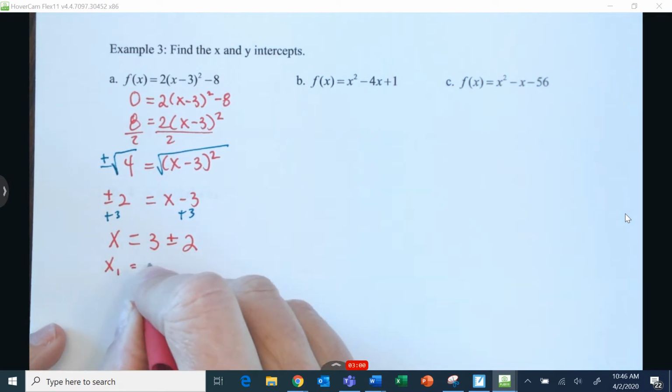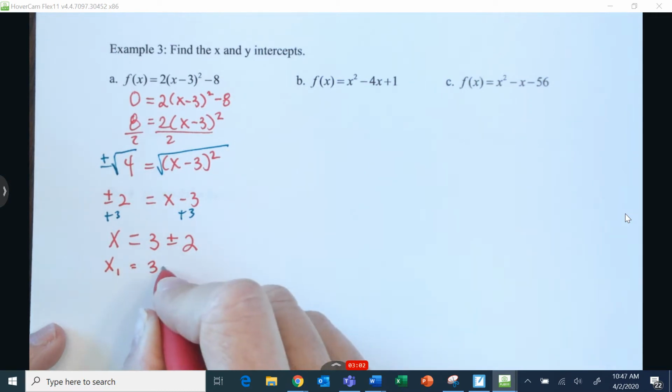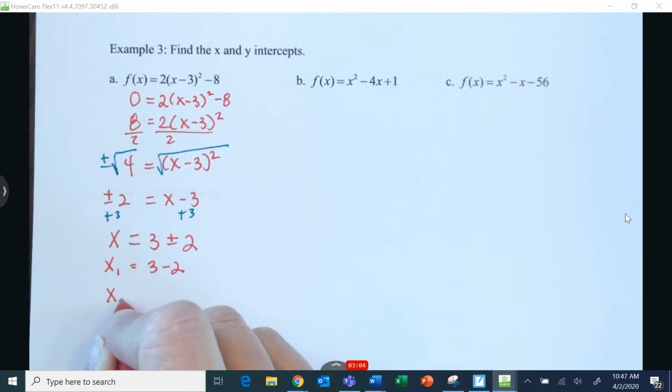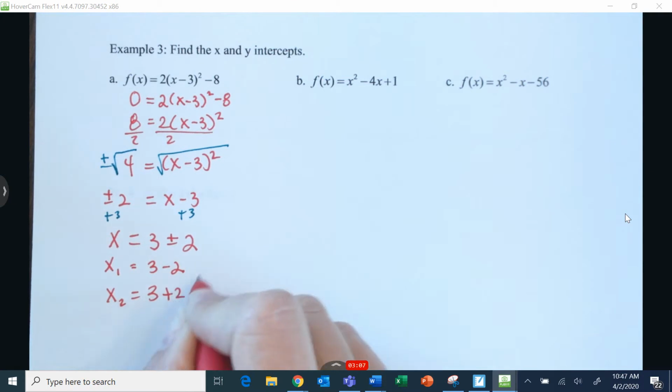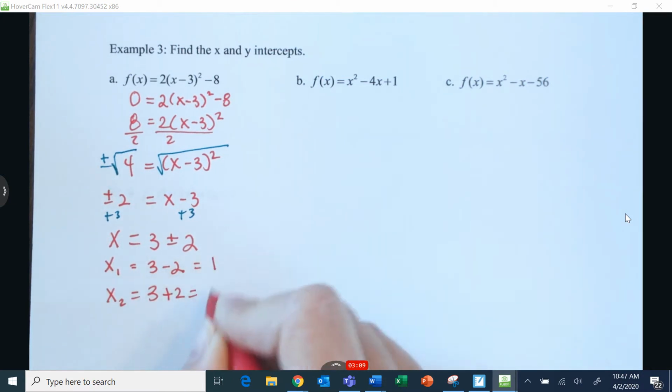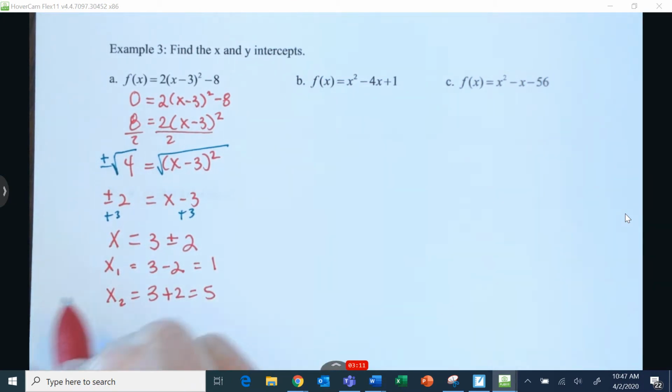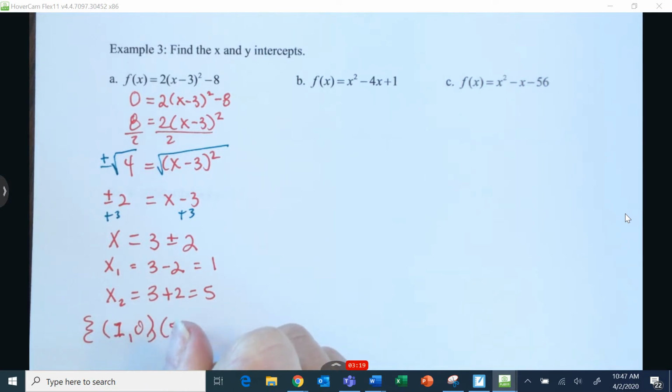Let's start with 3 minus 2, and our second one is going to be 3 plus 2. So we'll get 1 and 5. So our x-intercepts are going to be (1, 0) and (5, 0). I like to put these in numerical order from left to right.